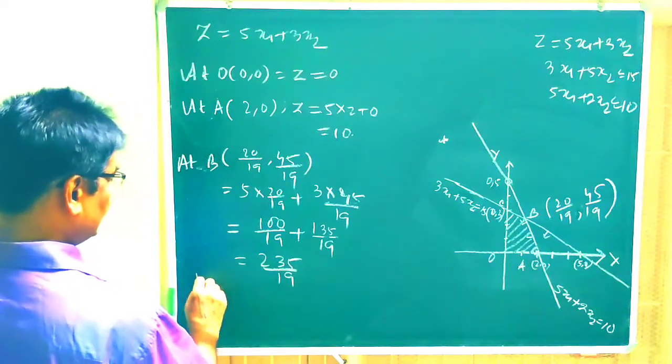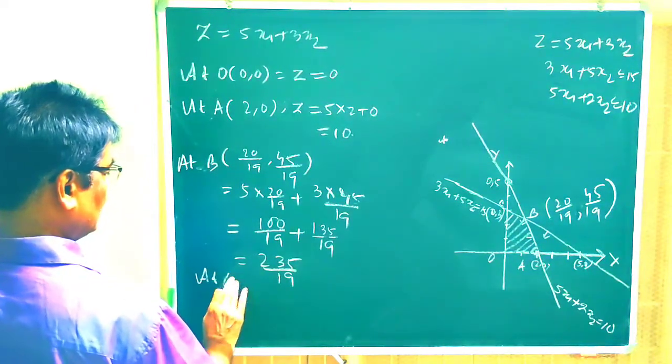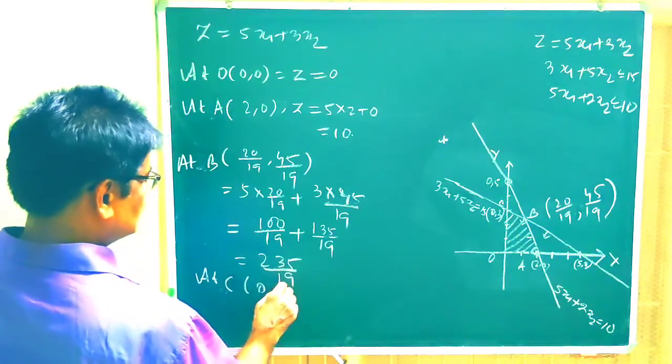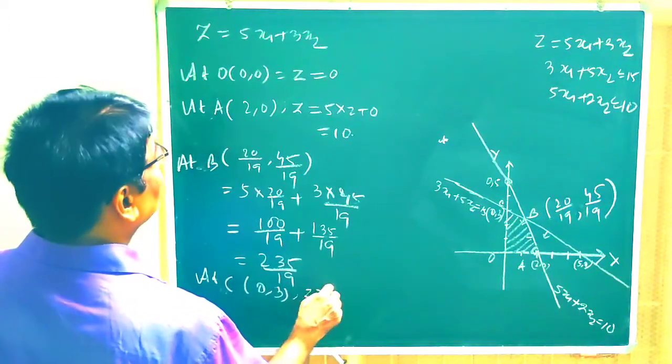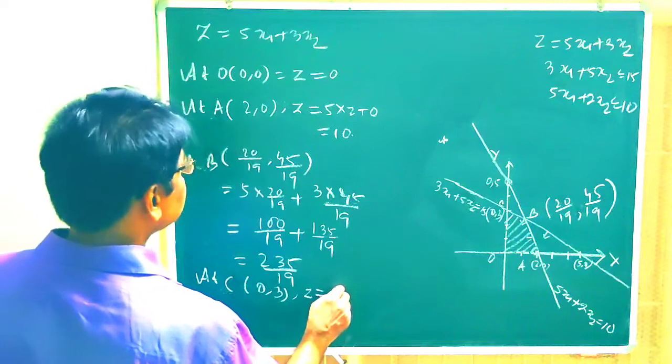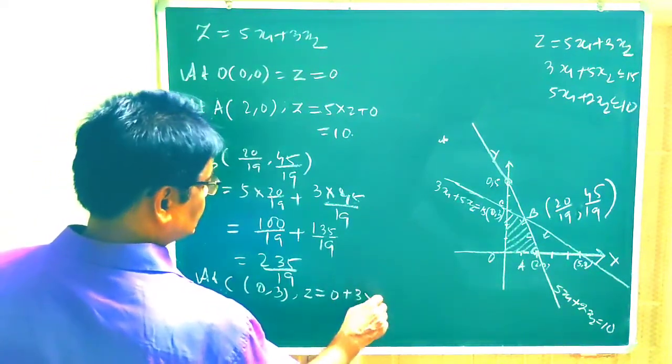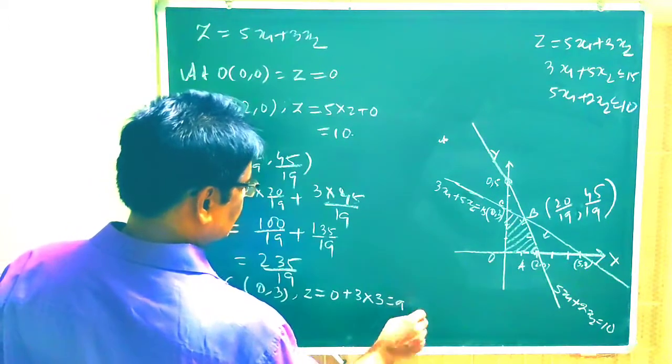At C of 0, 3, Z is equal to 0 plus 3 into 3 is equal to 9.